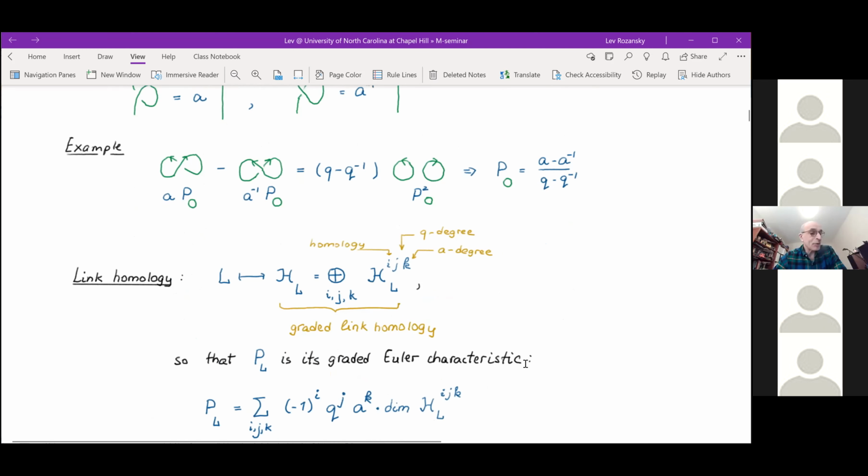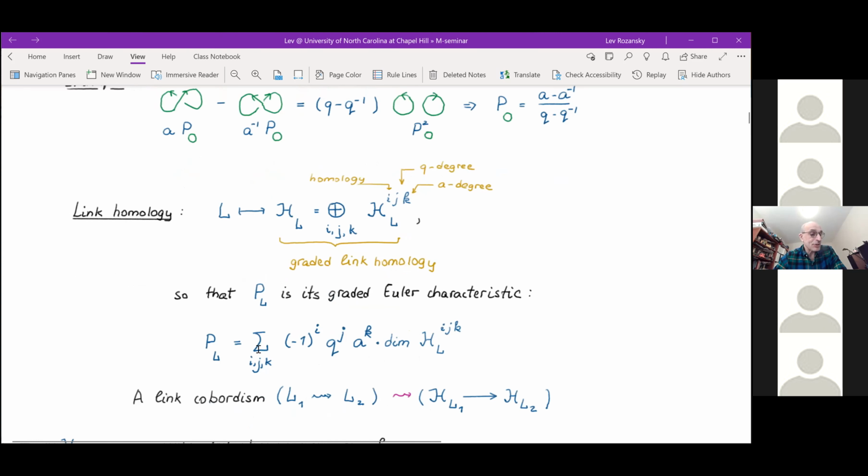So link homology is a categorification of this construction, meaning that now to a link we want to assign a vector space with 3 gradings, i, j, k, which is called graded link homology, so that the polynomial itself is the graded Euler characteristic.